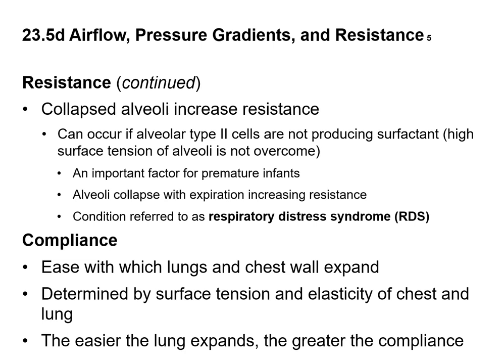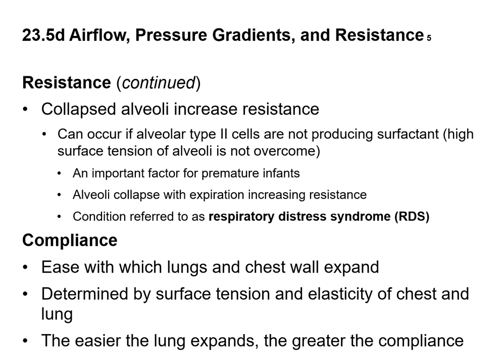Now, some other things that can affect the flow of air are things like the compliance. The compliance is essentially how willing, to put it that way, how willing are the lungs and the chest wall to expand, right? So if they freely expand very easily, there's no disease in the bone or connective tissue, no increase in surface tension, then there's a high degree of compliance, right?